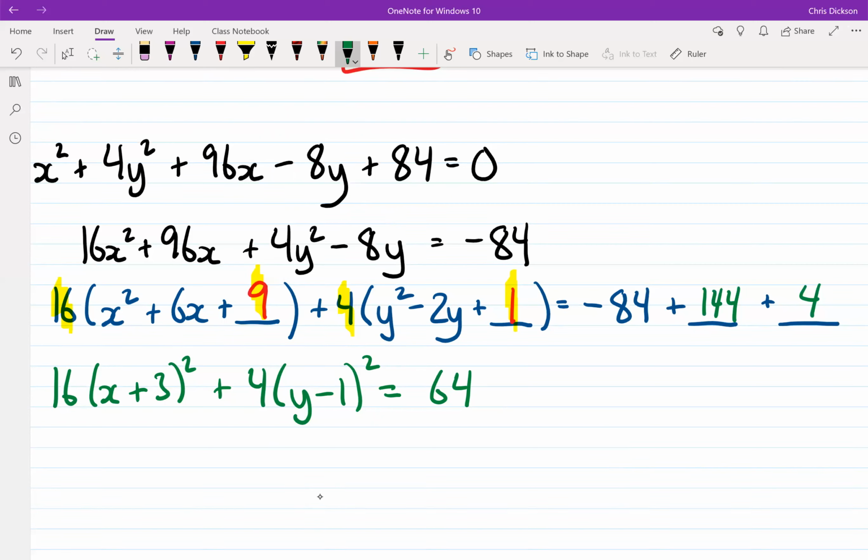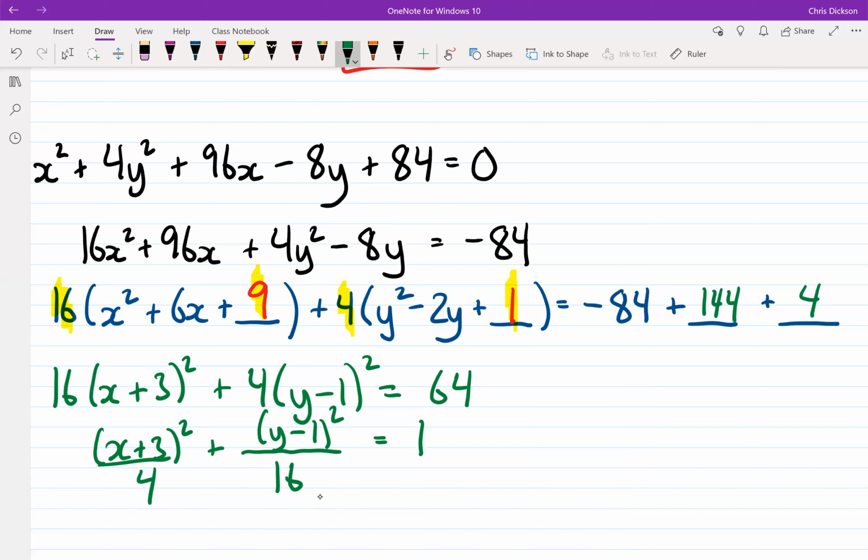So 16 divided by 64 is 4. So I get x plus 3 squared all over 4 plus 4 divided by 64, which is 16, giving me y minus 1 all squared over 16 equaling 1. So I divided everything by 64 there, okay?